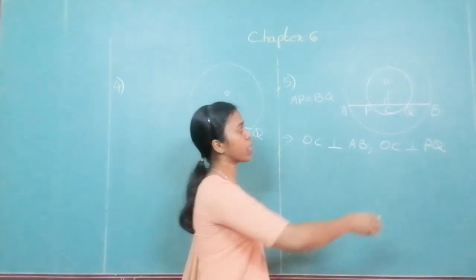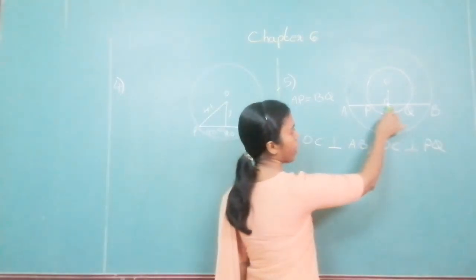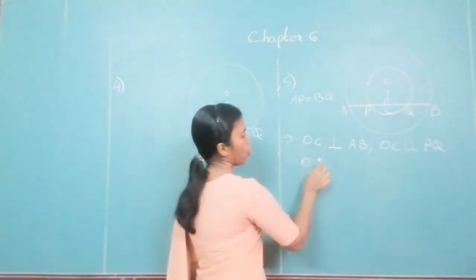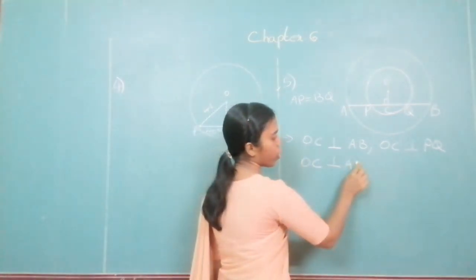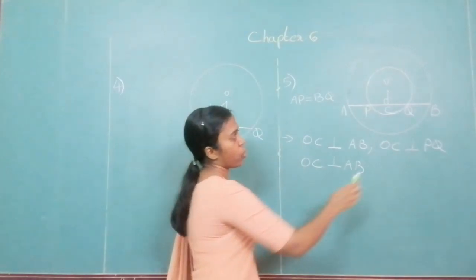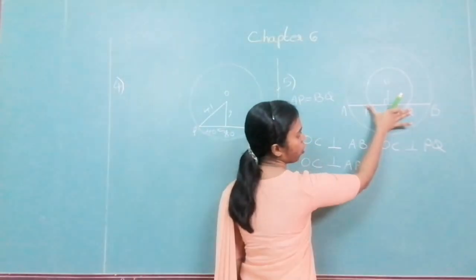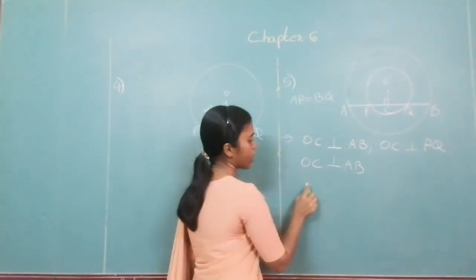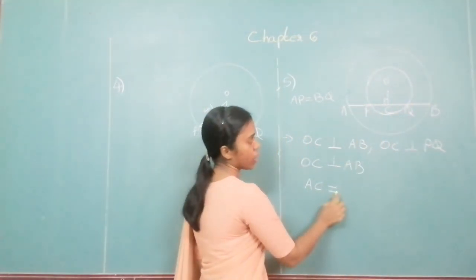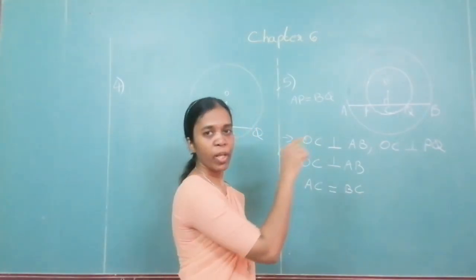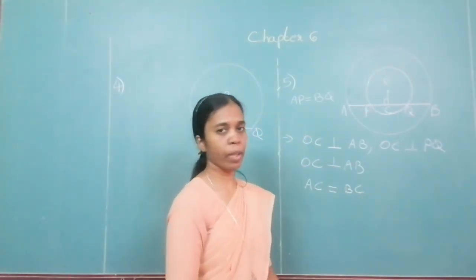Since we consider the largest chord, that is AB, since OC is perpendicular to AB, only look at AB, don't look at PQ, then you can say that AC is equal to BC, because the perpendicular bisects it. So we are looking at the biggest chord.